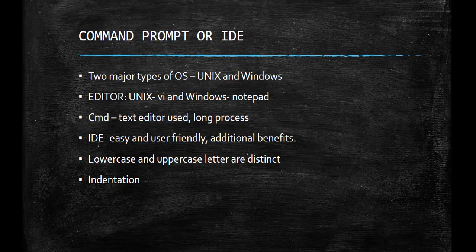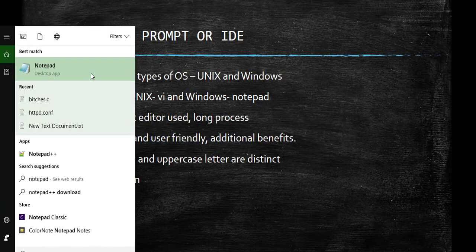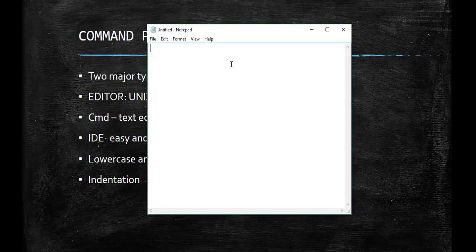Just search here for Notepad. There are various other editors also available in the market like Notepad++ and Editra, and many others. So click on Notepad, and now we will write our very first C program.